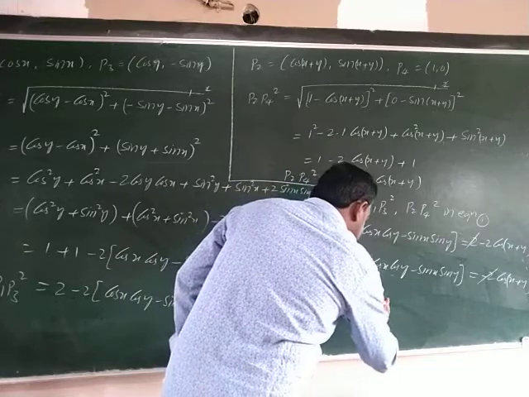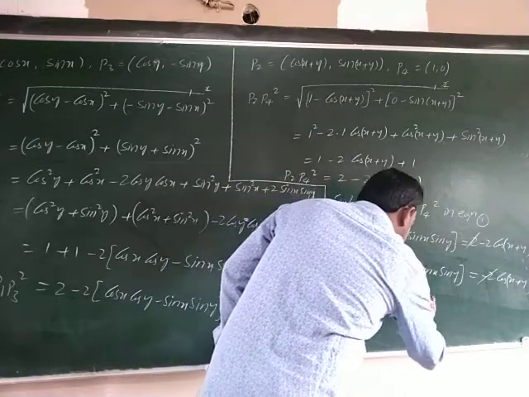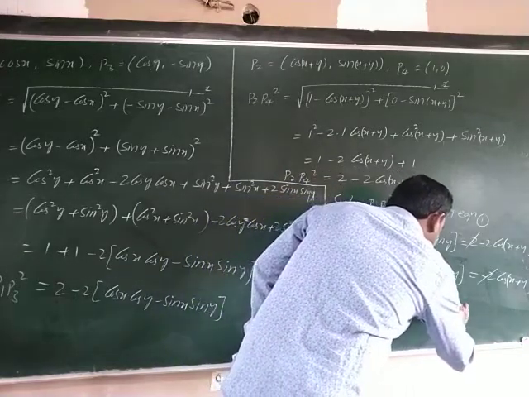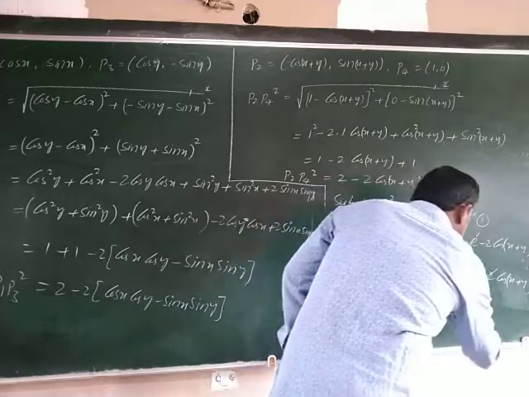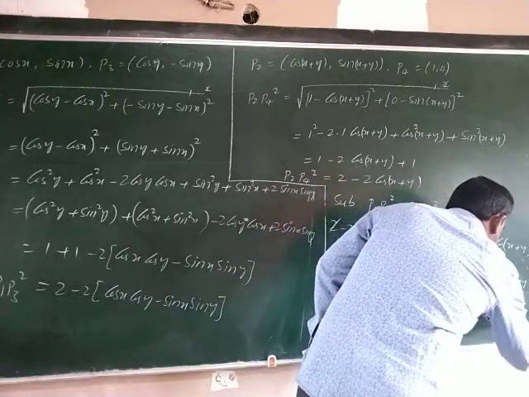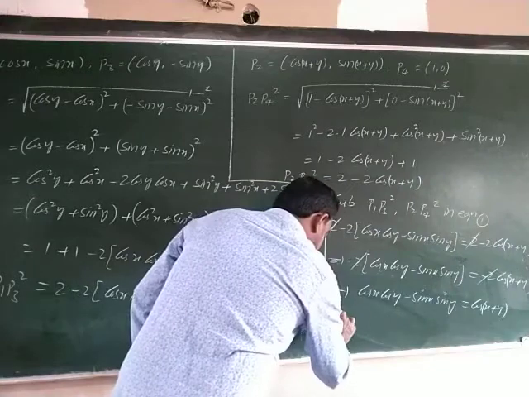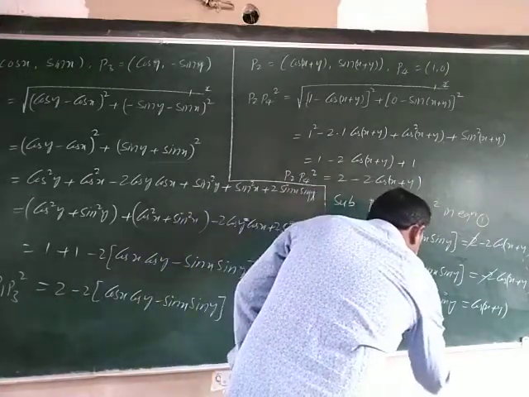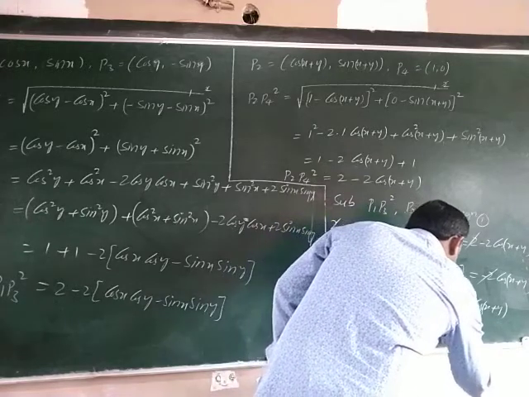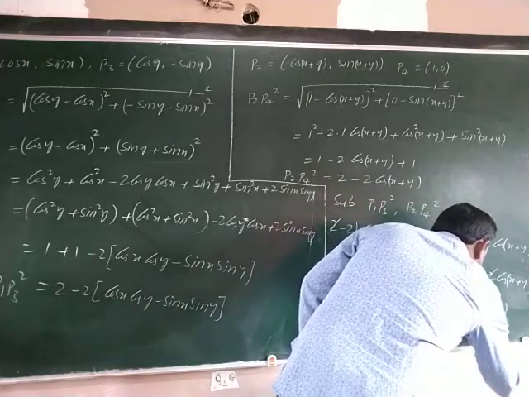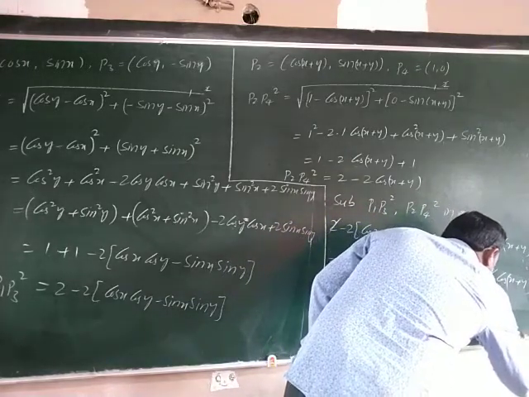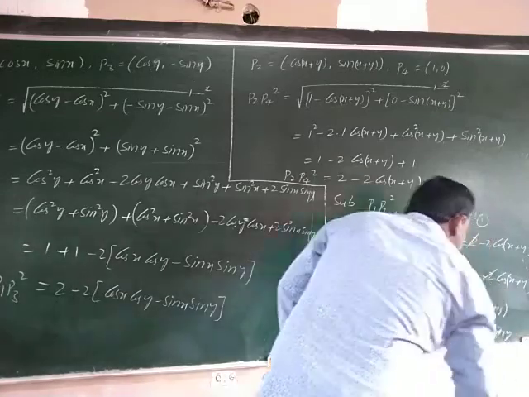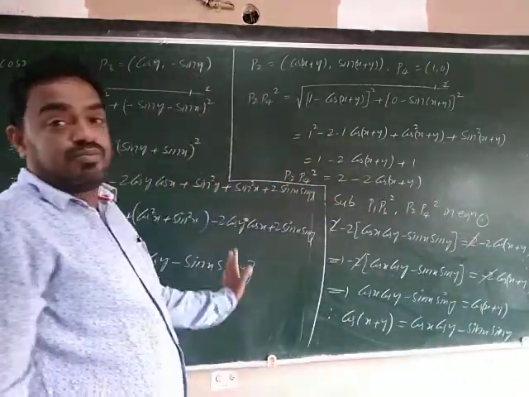This implies cos x cos y minus sin x sin y is equal to cos of x plus y. Therefore, cos of x plus y is equal to cos x cos y minus sin x sin y. This is the proof.